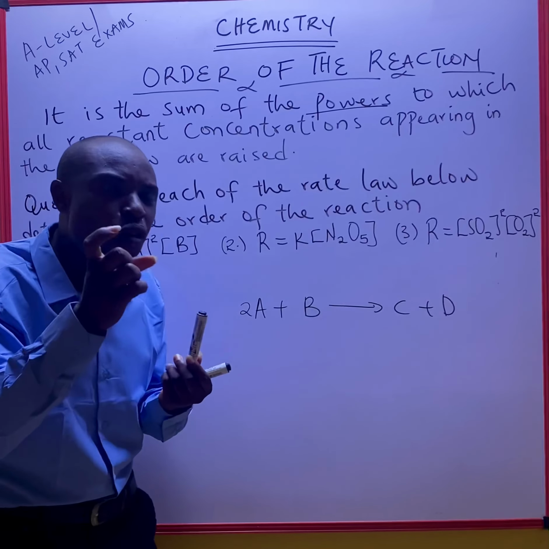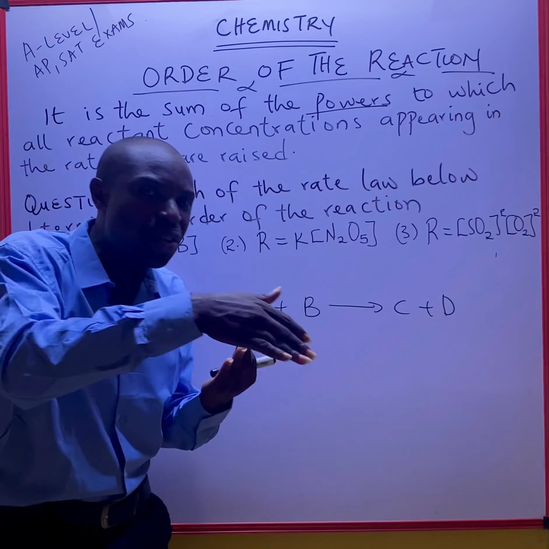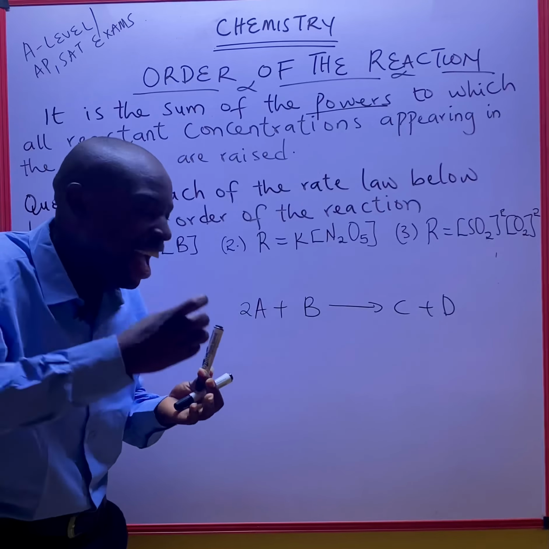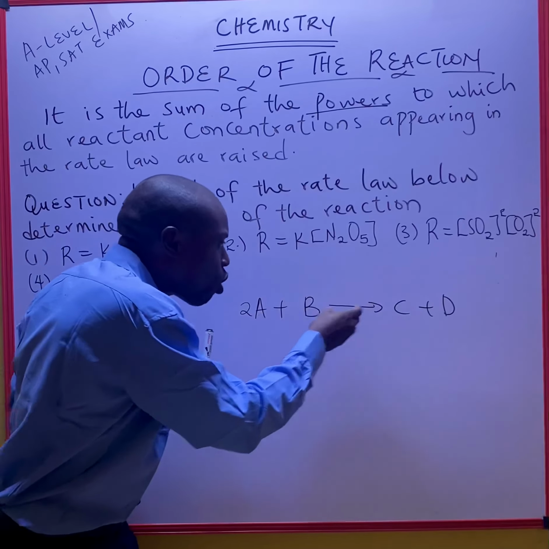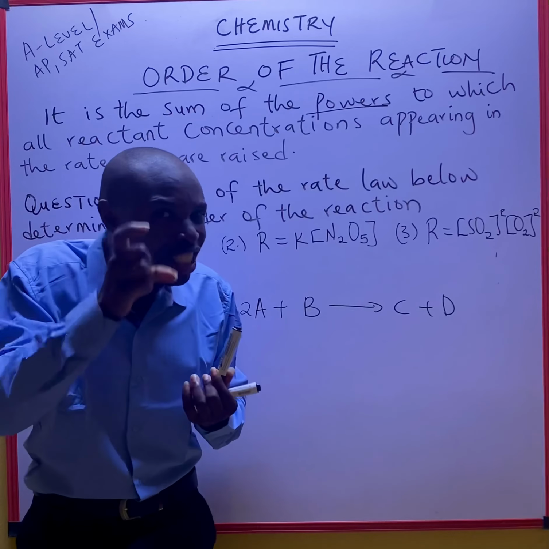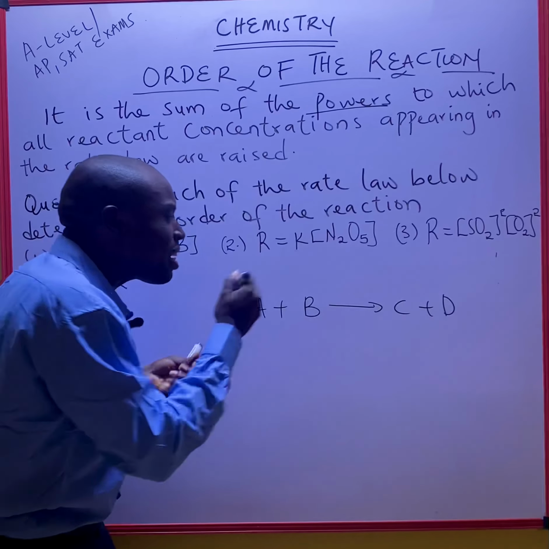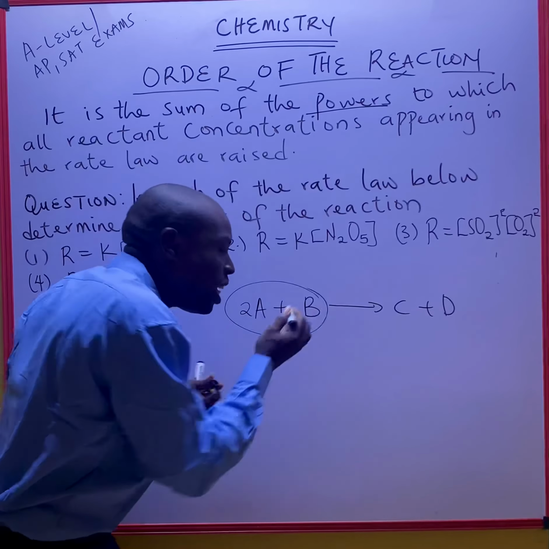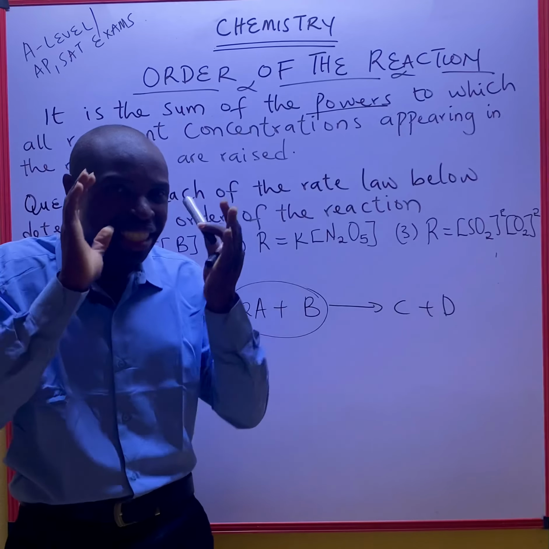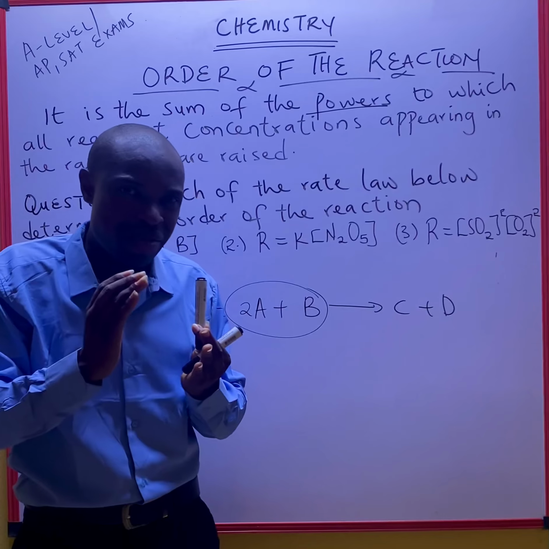In the case of the disappearance of reactant and appearance of product, we write the rate of that reaction for each of the components. But in the case of the rate law, we only write for the reactant. Please take note of this fact.